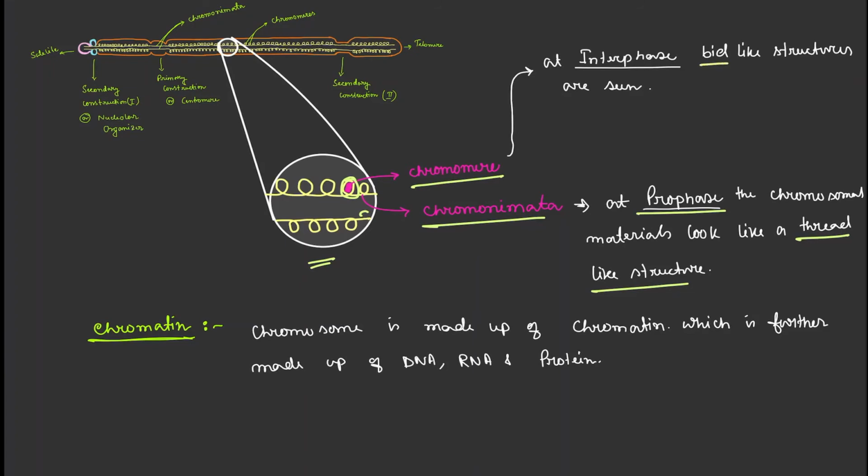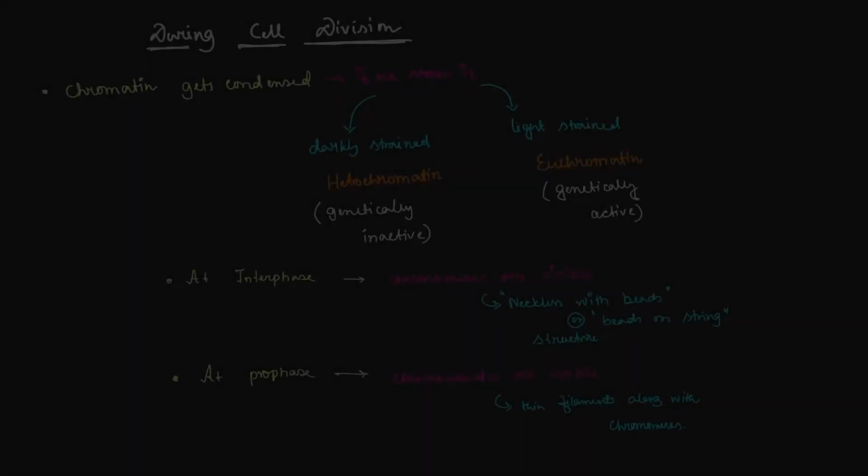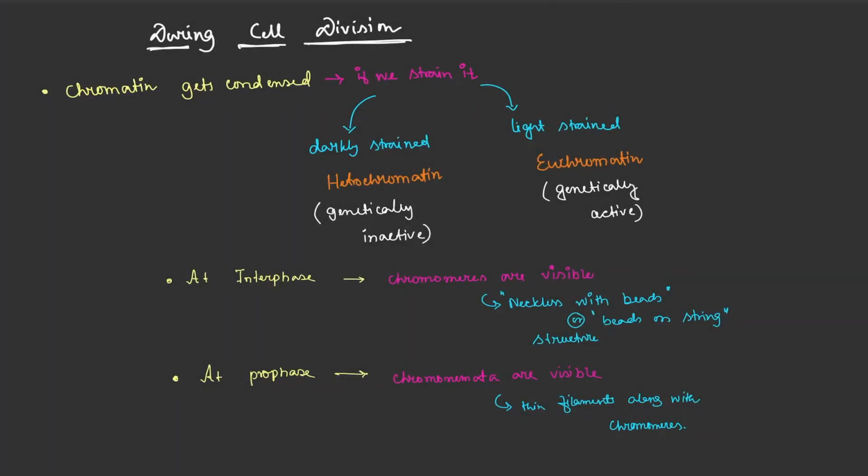Now, what happens during cell division? The chromatin gets condensed. You know that inside the nucleus there are chromatin fibers. When the chromatin condenses and we stain it, we can see two regions under the microscope: a portion of chromatin that is darkly stained and a portion that is lightly stained.